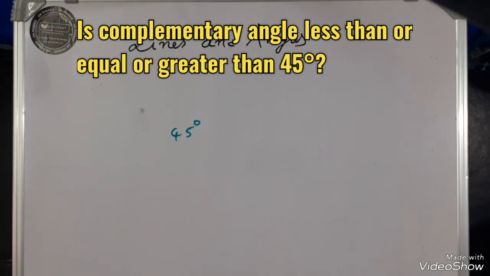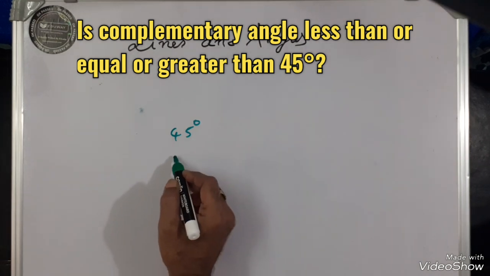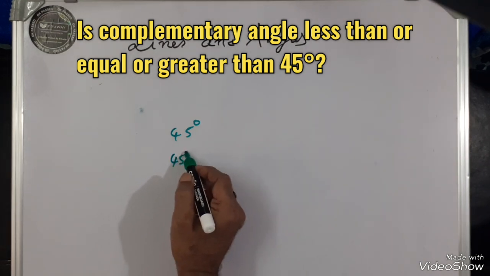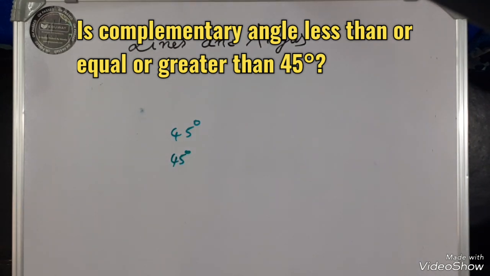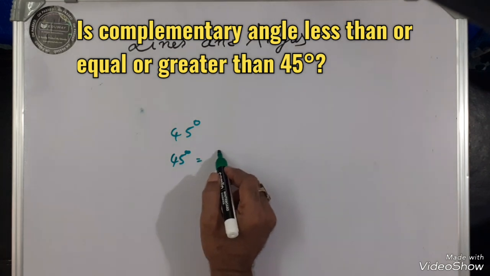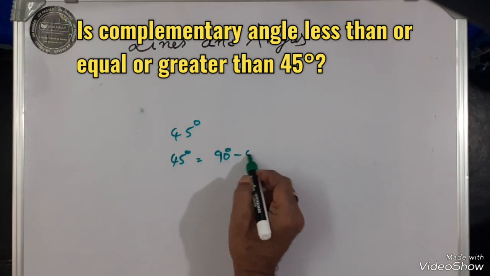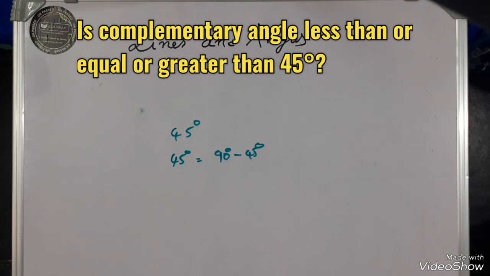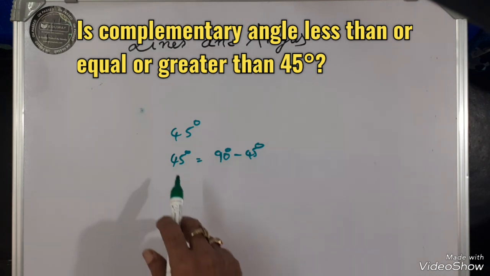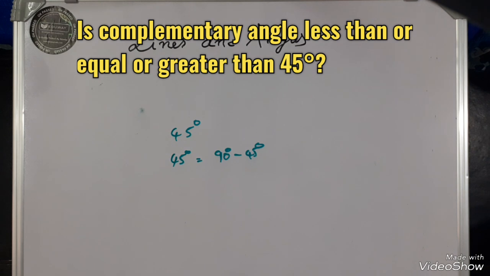No. Its complementary angle is 45 degrees only. Why? Because 90 degrees minus 45 is 45. So the complementary angle of 45 degrees is never greater than 45. It is equal to 45 only.